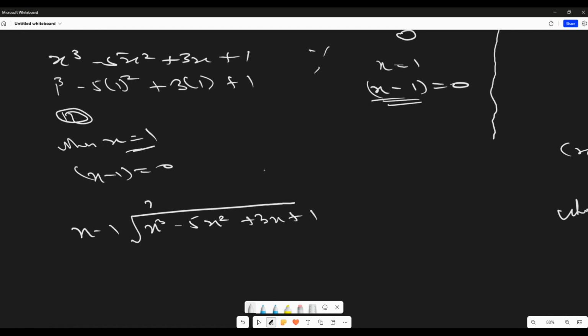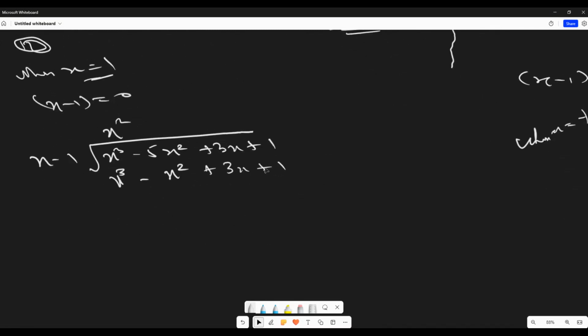This one goes here, x squared times. We multiply back, we get x cubed. We multiply here back, we get minus x squared. Oh, sorry, not plus 3x plus 1. So, where's my eraser?